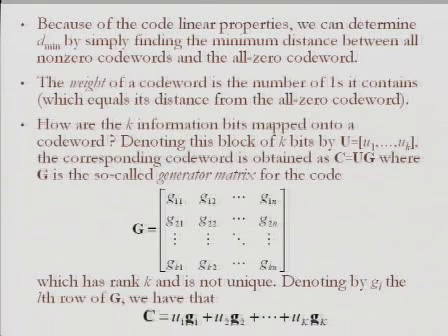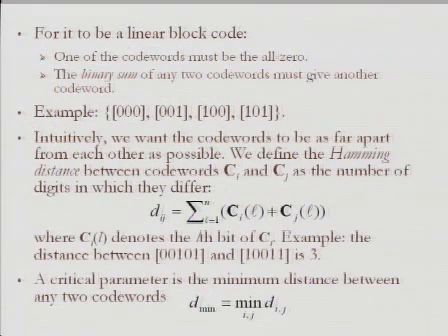Now, here is where linearity comes into play. As long as the code is linear, we can determine the minimum distance by simply finding the minimum distance between the all 0 code word and any other one. So for example, in this case, you find that the closest code word to 0, 0, 0 is one of these 2, so the d min of this code is equal to 1 automatically.